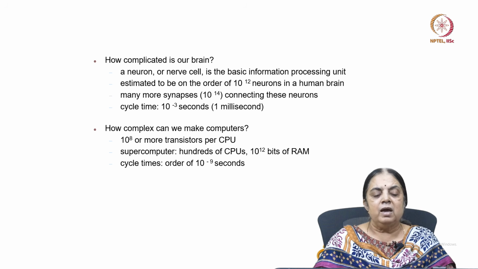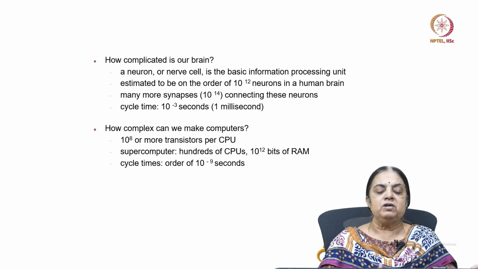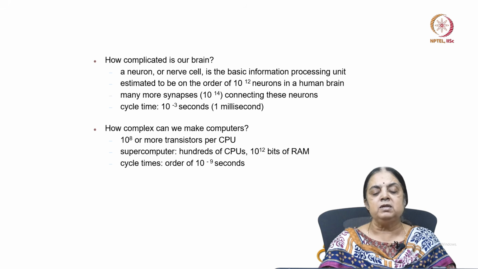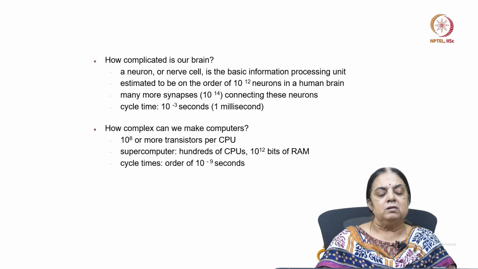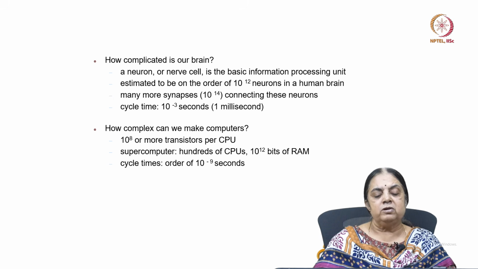And we have connections between different neurons called synapses. So there are 10 to the 14 connections between neurons, and the cycle time is 10 to the power of minus 3. Whereas if we look at computers, you have 10 to the 8 transistors per CPU, okay.